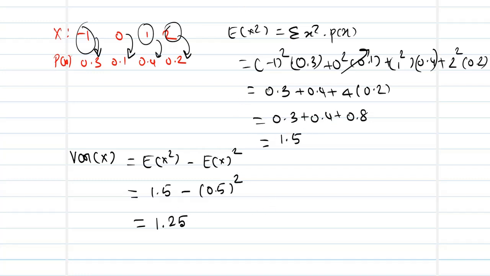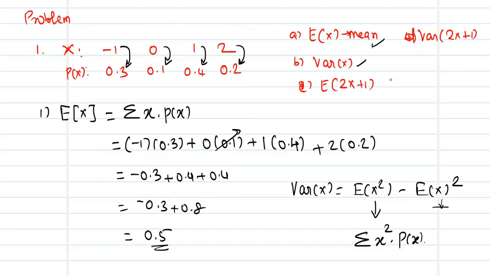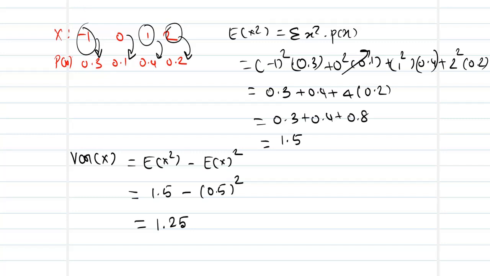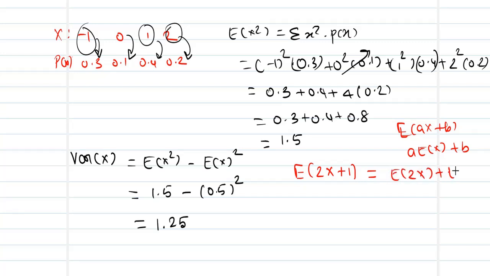We now move on to the third subdivision. So what was the third subdivision? Expected value of 2x plus 1. Now recollect the property. What is going to be E of ax plus b? It is a times E of x plus b. So this is going to be E of 2x plus E of 1.